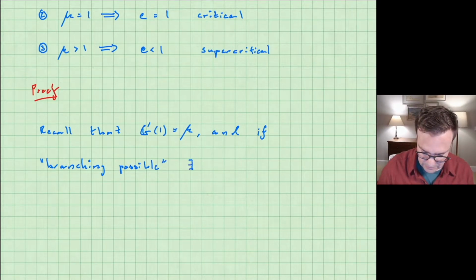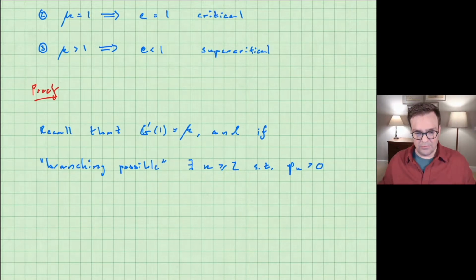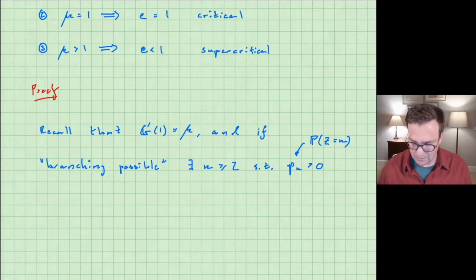That there exists some n greater than or equal to 2, such that p sub n is greater than 0. Right, so there is some probability of having branching. Here p sub n is the probability that Z is equal to n. That's what that means there.